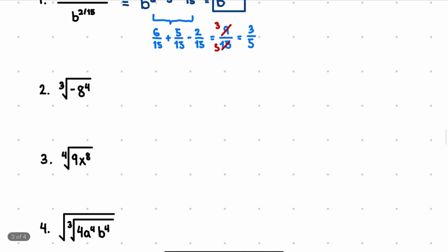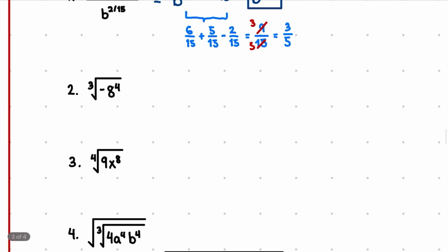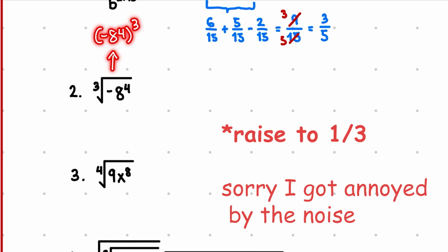For the next one, let's deal with radicals. The reason that this is part of rational exponents is because this radical with the 3 just means that we have negative 8 raised to 4, raised to 1/3.